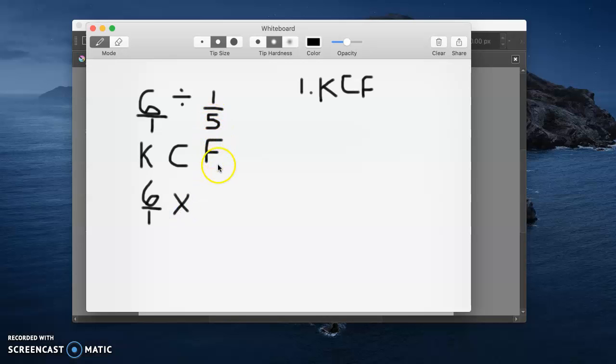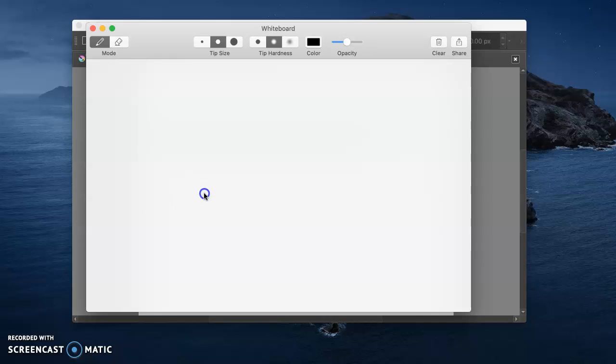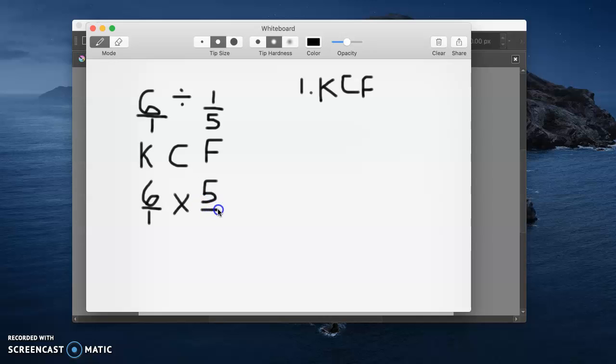And the 1/5 is above F, so flip it to 5/1. And now just multiply. And when you multiply, you should get 30/1, which means your answer is just 30.